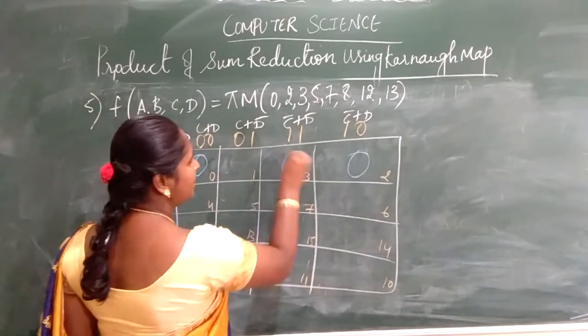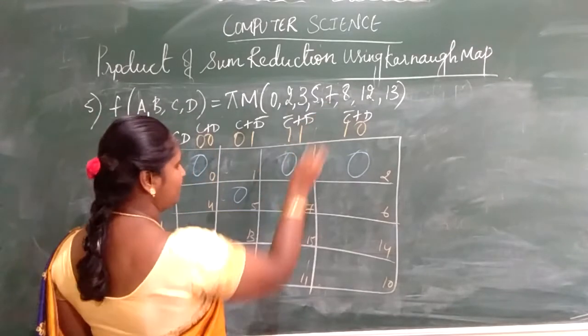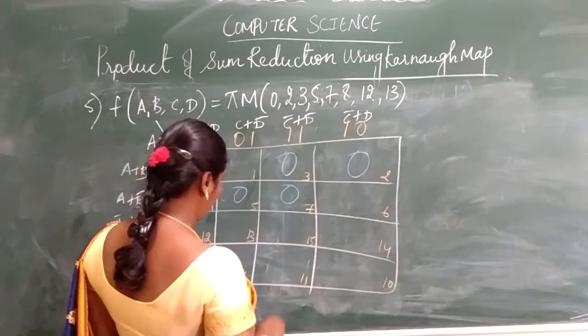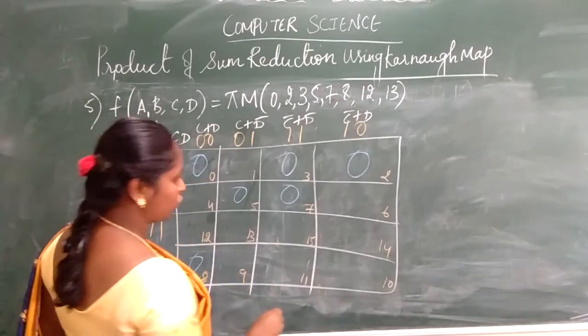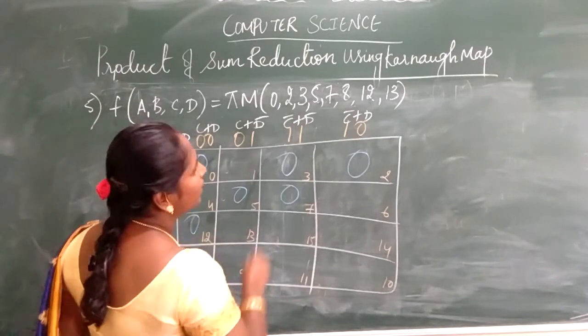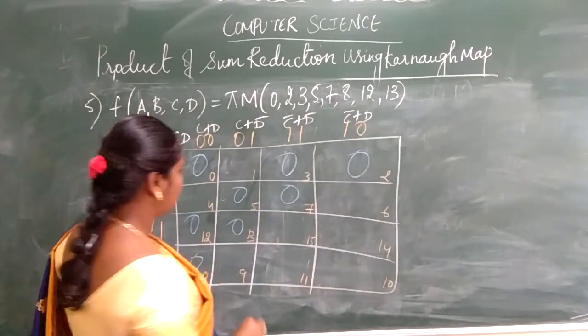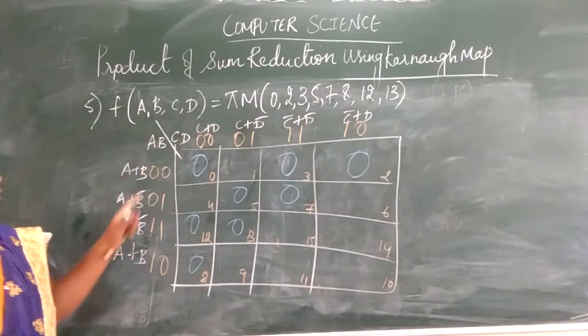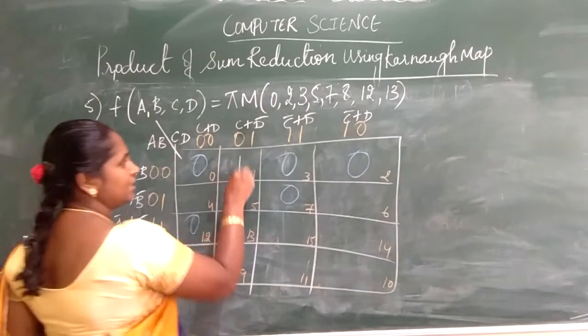For M3, 0. For M5, it is 0. For M7, it is 0. For M8, it is 0. Next for M12, it is 0. Next you have M13, you have a 0. So these are the zeros, that is the output represented for this expression. The remaining places will be represented as 1.